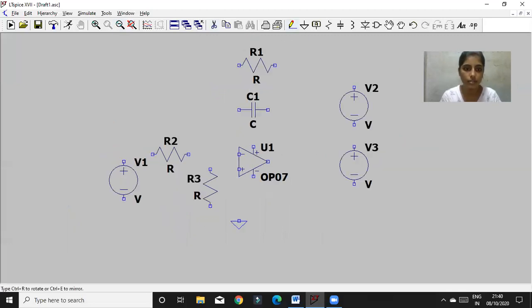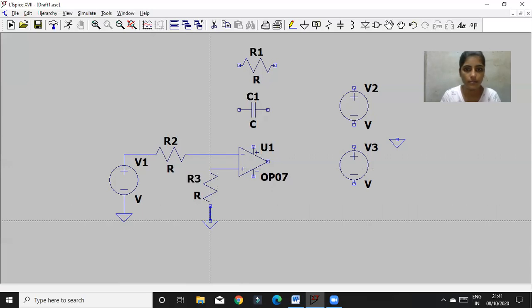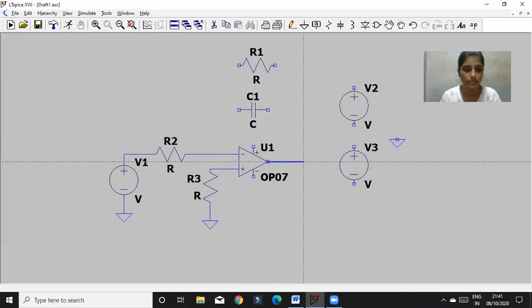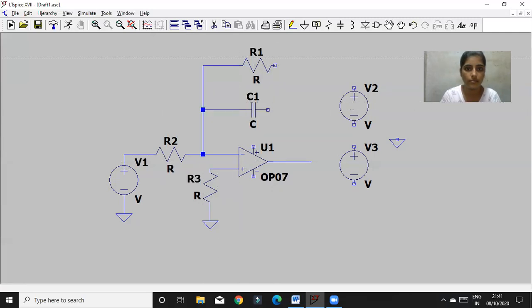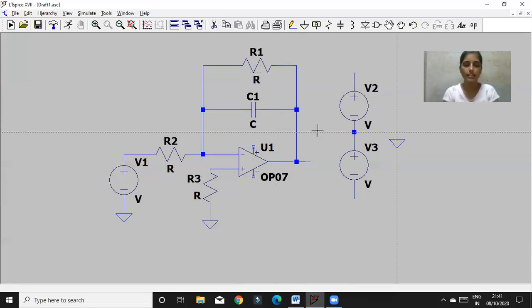I need a ground also, so here at the input and the common ground in the voltage source. So I connected everything with wire.